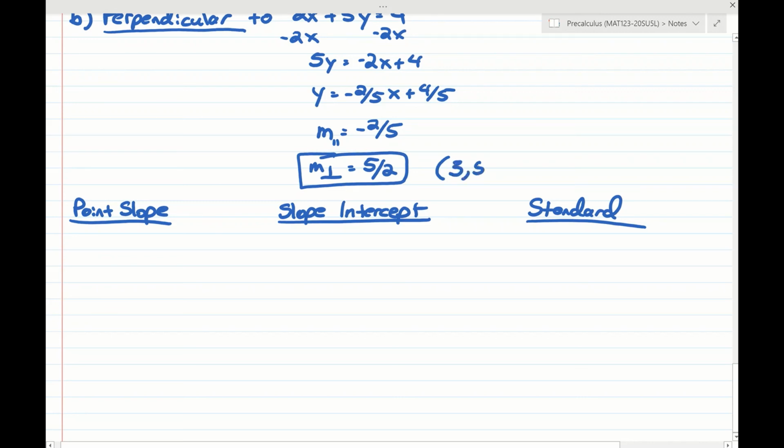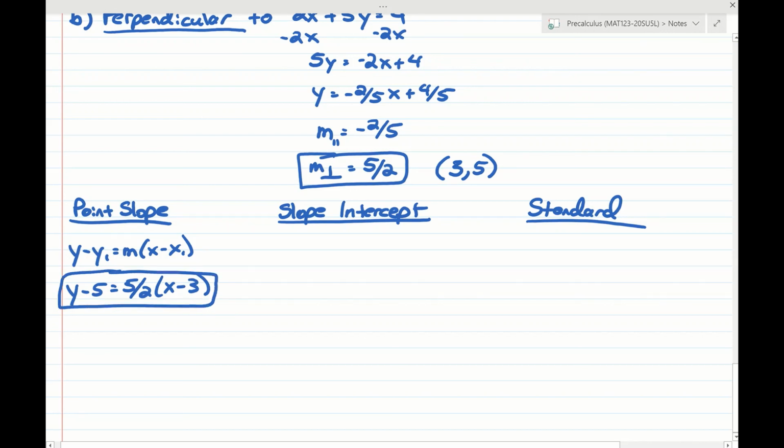That's what was given. So point-slope, we're going to have y minus y1 is equal to m times x minus x1. For slope-intercept, we'll have y is equal to mx plus b. The y value is equal to the slope times the x value plus b.